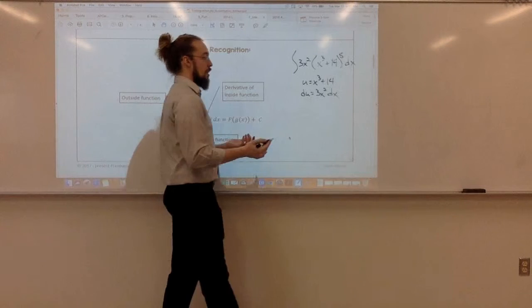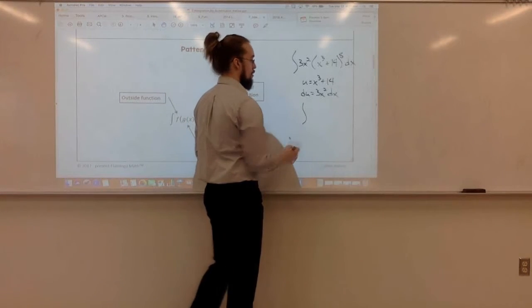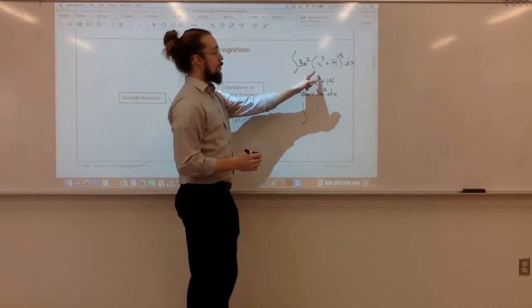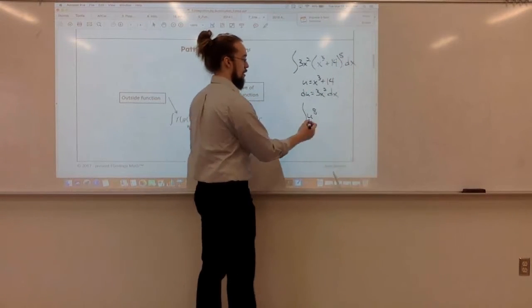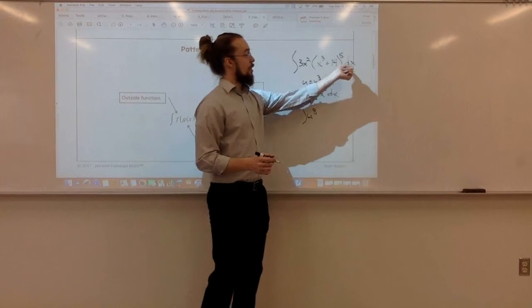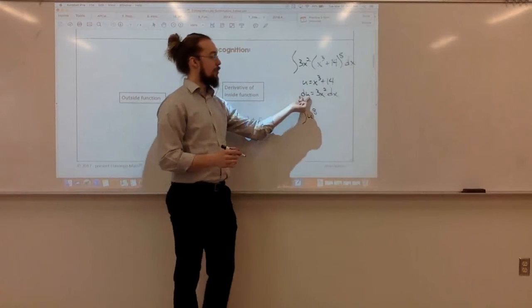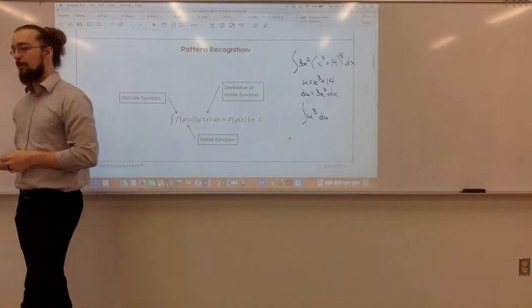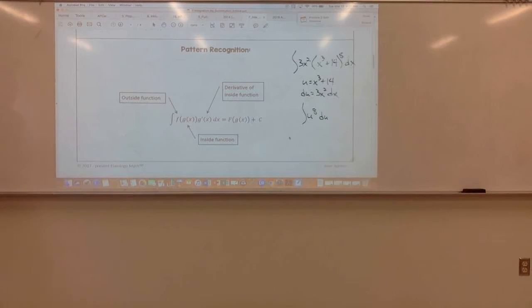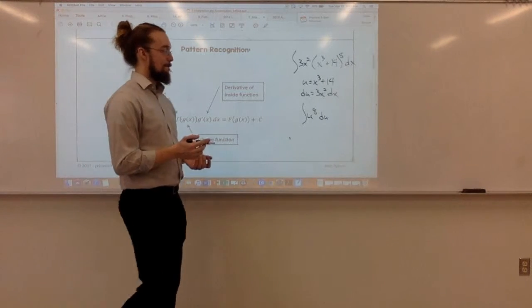So now I can do my u substitution. So I would have u to the 8th power, and then 3x squared dx. That's exactly what I have for du. So my u substitution would just be u to the 8th du. So then what's the antiderivative of that?